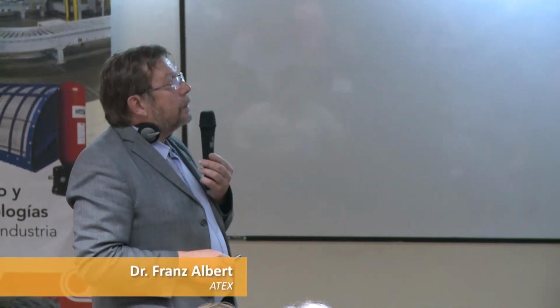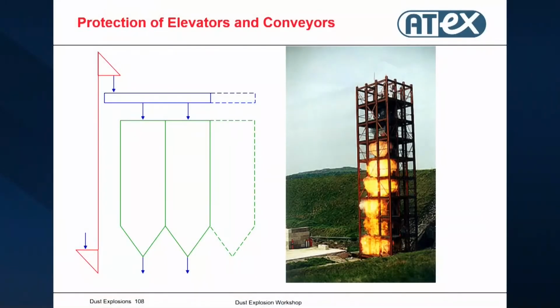is that afterwards, after an explosion in the elevator when you have done explosion venting, you have to exchange the belt, because it will burn down. You cannot use it anymore. It will stop your production for quite a while, but it will also damage the belt and everything that is in it.